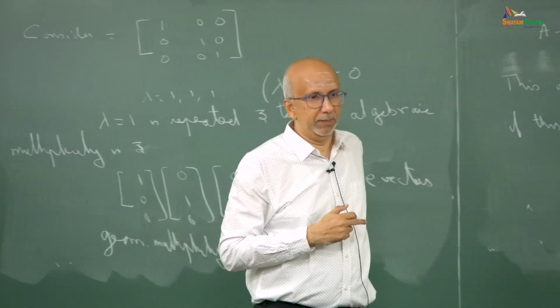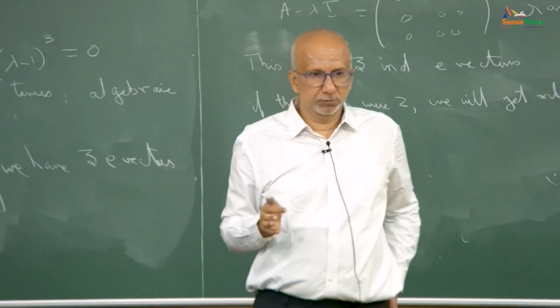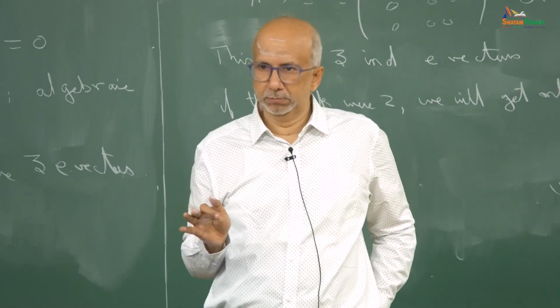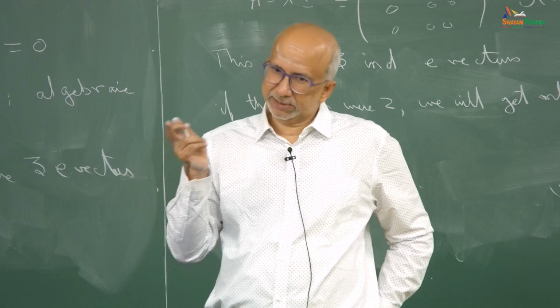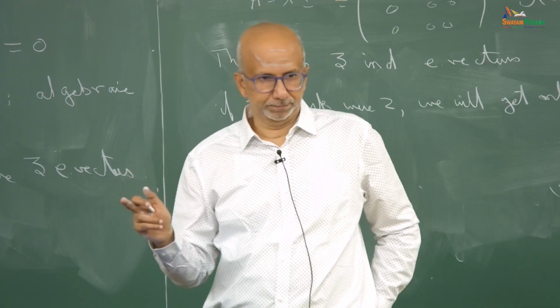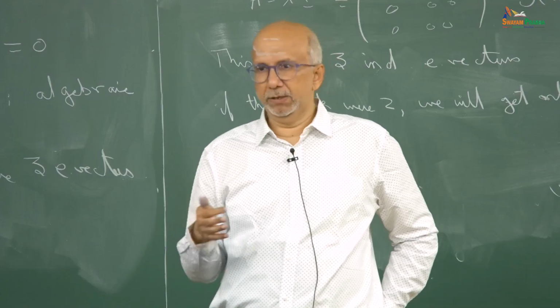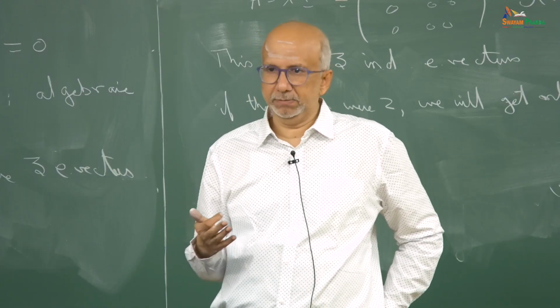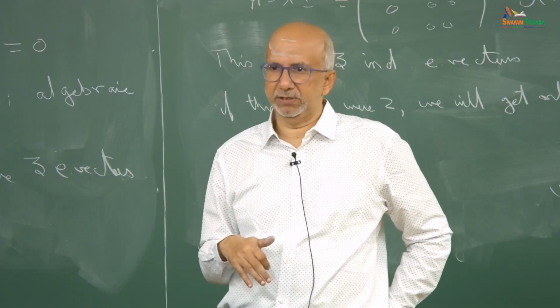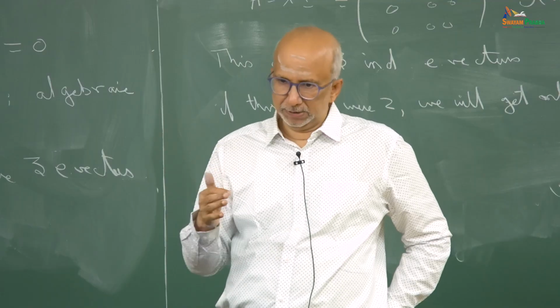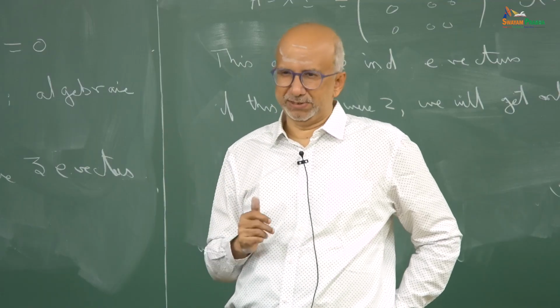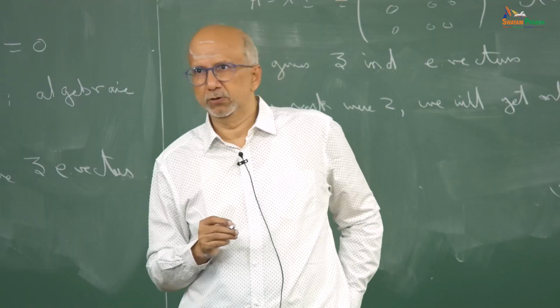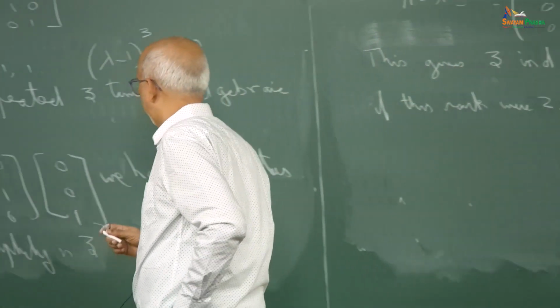Suppose I don't have repeated eigenvalues, then you are guaranteed n eigenvectors, with each eigenvalue having one eigenvector. But if you have repetition, you are not guaranteed, you may have a smaller number of eigenvectors. Geometric multiplicity will be less, then you can't use it as a basis, okay. So that is basically the point I want to make.